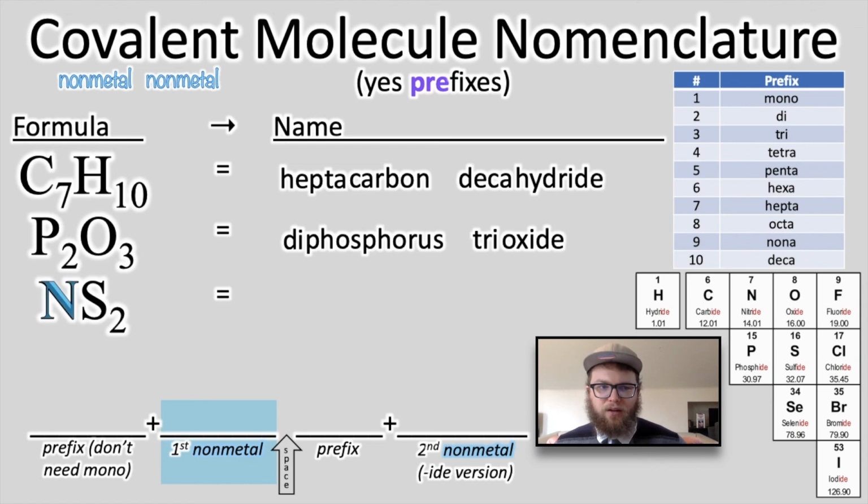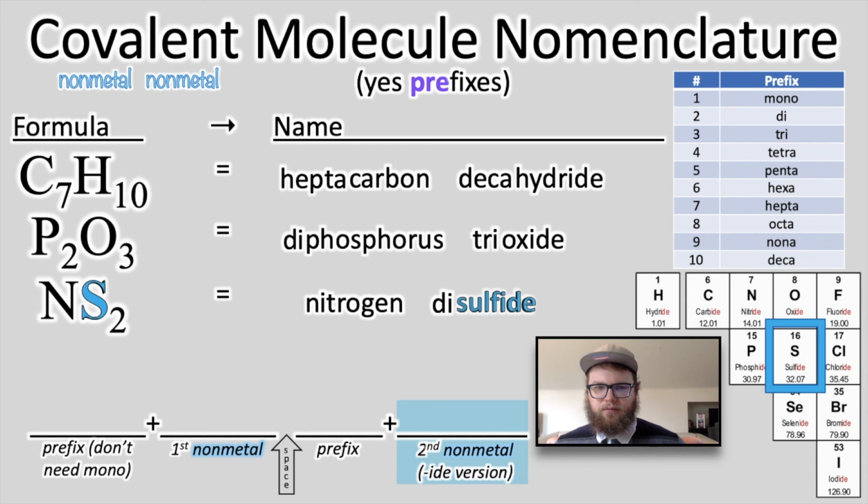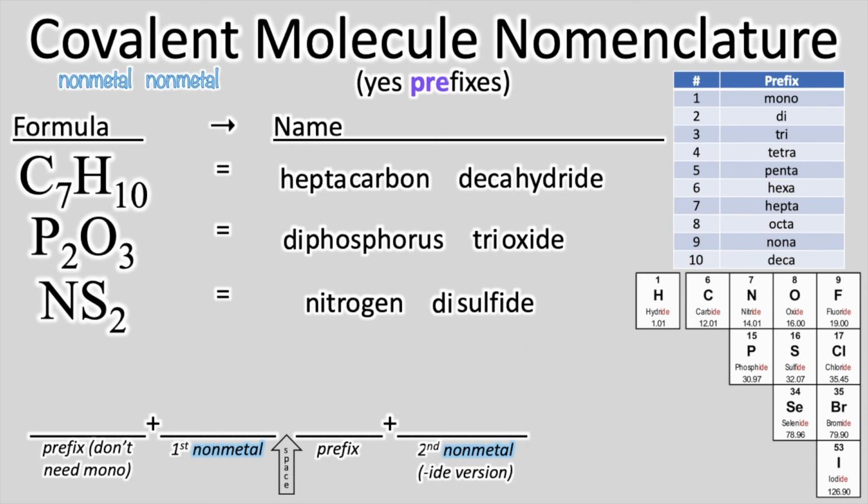The first nonmetal, N, is nitrogen. Space, prefix, 2 is di. Second nonmetal, IDE version, is sulfide. NS2, nitrogen disulfide. Do the last one on your own.